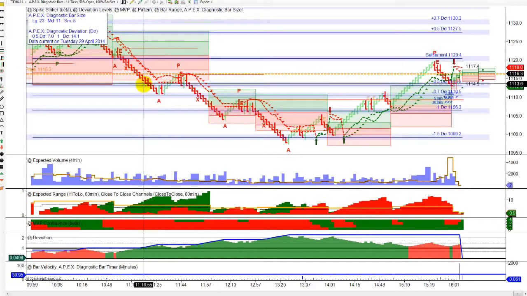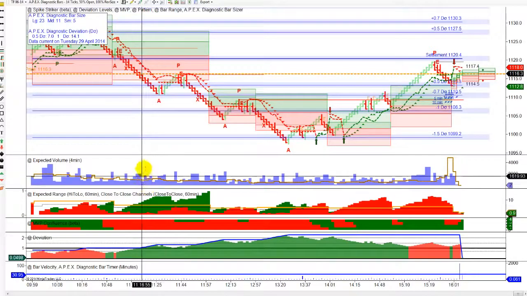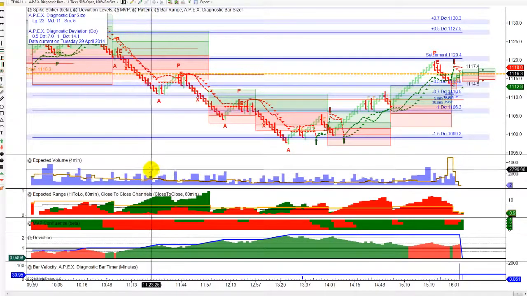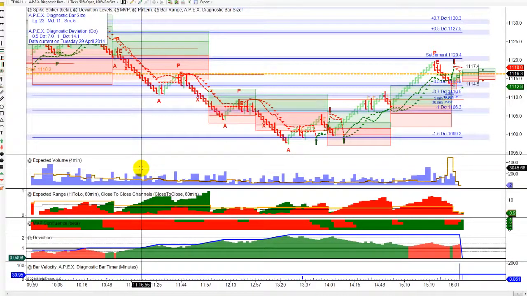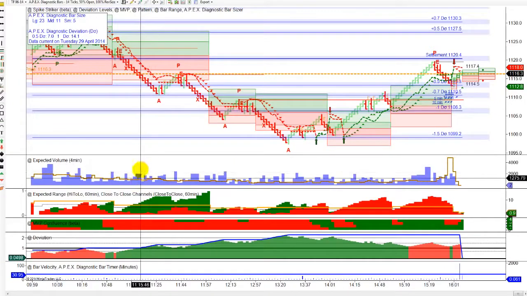But if it does that with volume that's higher than expectations, and we even use futures volume on Forex, the Forex futures volume, to have real Forex volume, not tick volume.